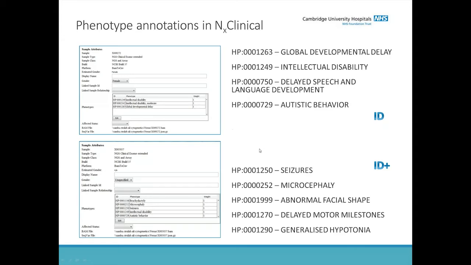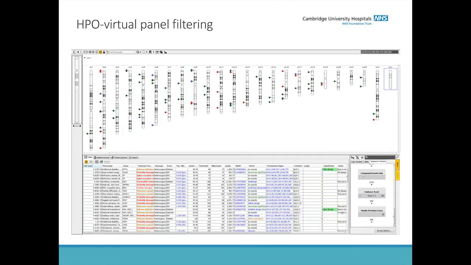Then there was another group of referrals which included other clinical features, and the most common ones were seizures, microcephaly, dysmorphic features which are entered as abnormal facial shape, and then there were delayed milestones, hypotonia, overgrowth, obesity, etc. And this is the typical phenotype screen which I got for this group of referrals, which was assigned as ID+.